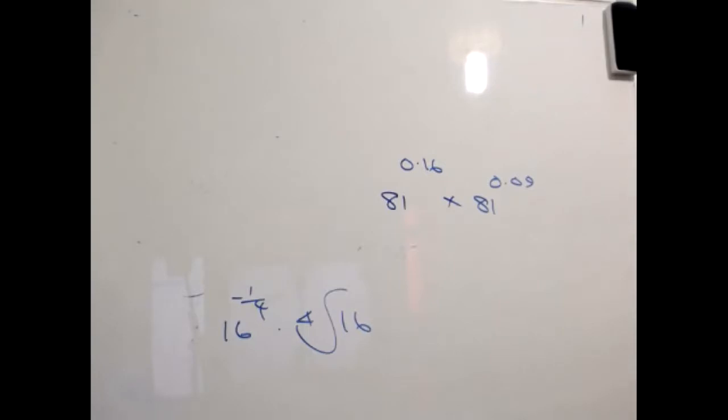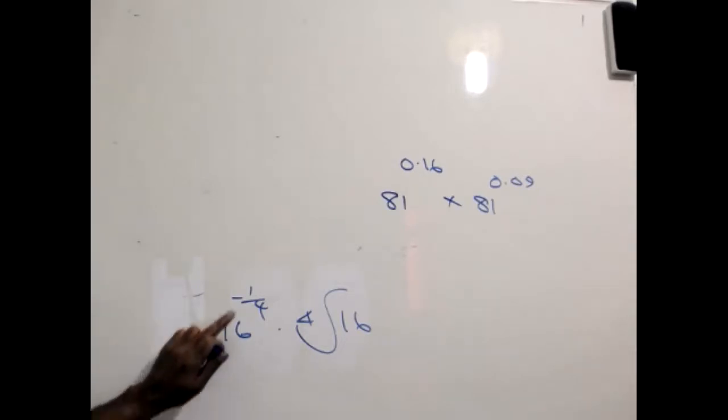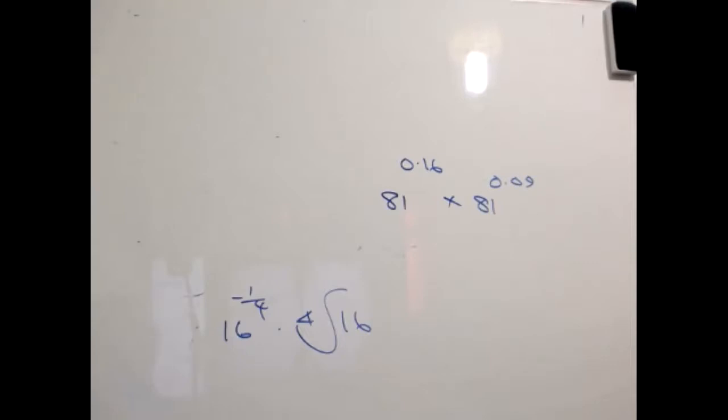You got 81 raised to 1 by 4. Yes. Then what? 3 raised to 4, raised to 1 by 4, that is 3. Okay, write this one. 16 raised to minus 1 by 4 into 4th root of 16. Okay, try this one.